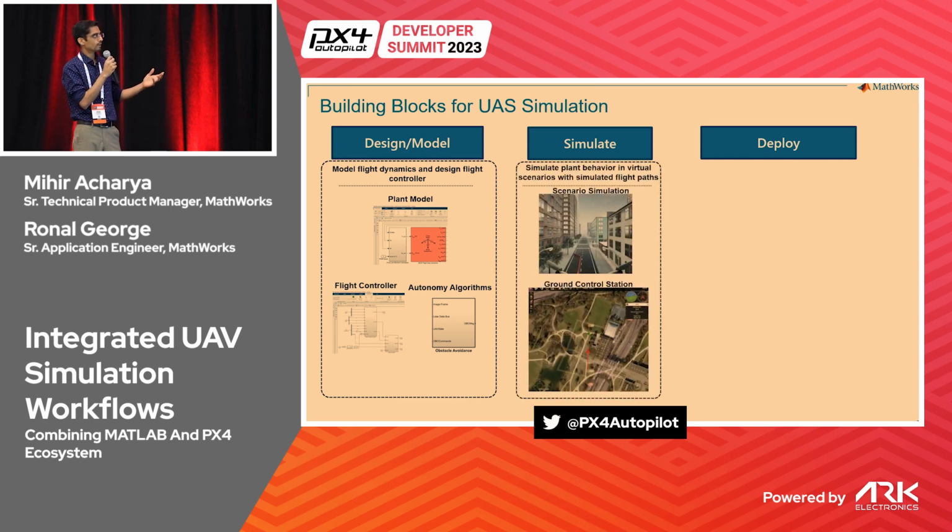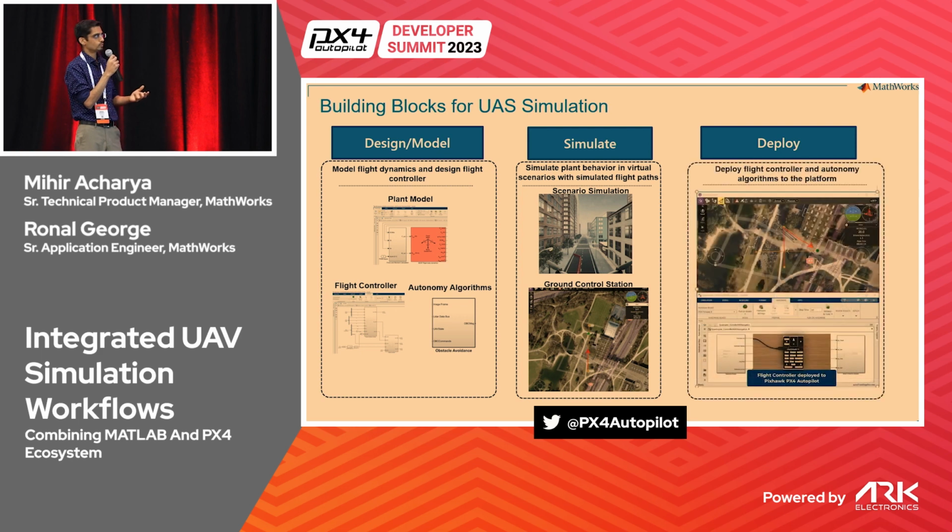And next we have visualization capabilities like integration with Unreal for scenario simulation. And how you bring in waypoints to the simulation is through connection with ground control station. So we have several different ways you can connect with ground control station as well. And finally, when you have tested your algorithms in simulation, you would like to deploy it on something like a Pixhawk board for hardware in the loop simulation. So a lot of steps before we actually go out and fly the drone to ensure the safe operation.